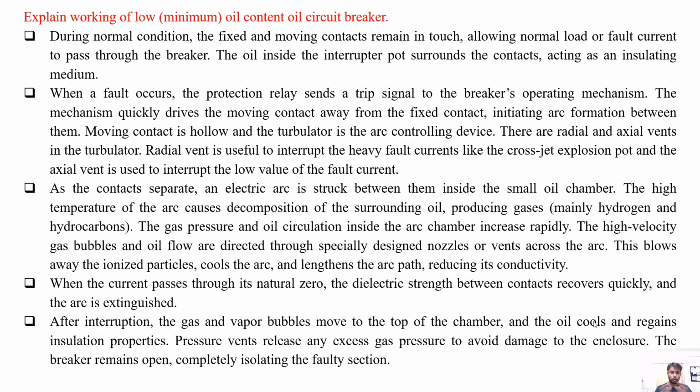The breaker remains open, completely isolating the faulty part from the healthy one, and it remains in open condition until it is closed manually or automatically by the operator. So this is the simplest working of a minimum oil content circuit breaker.